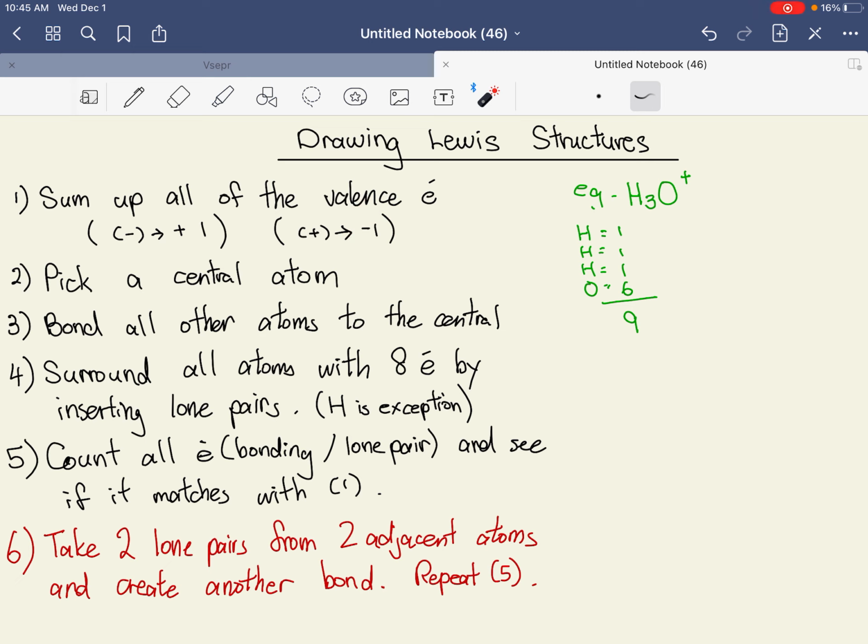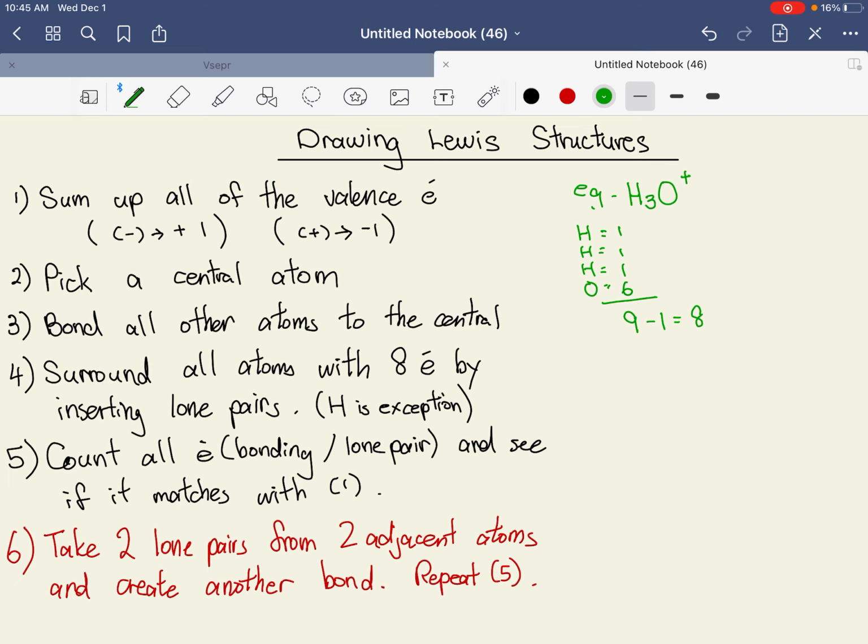So since this molecule has a +1 charge, I'm going to have to subtract 1 from this. So your number is really going to be 8. Make sure you do that, or else you're going to be wondering, hey, I can't get to 9. You don't want that. And then you're going to start raging again.